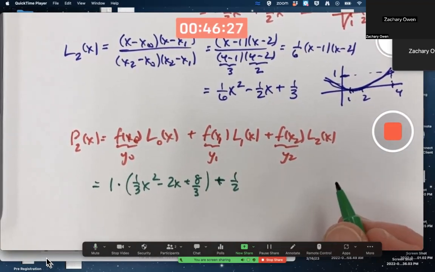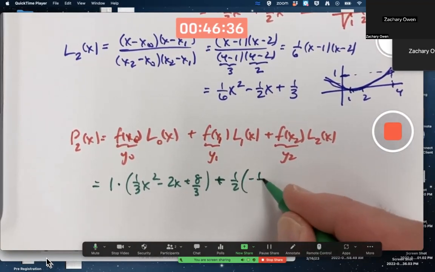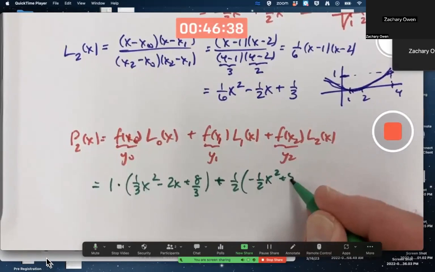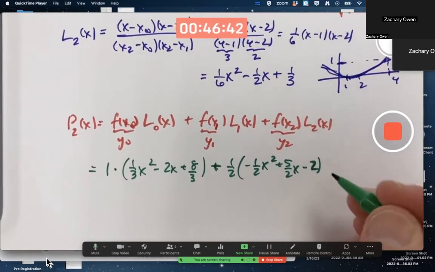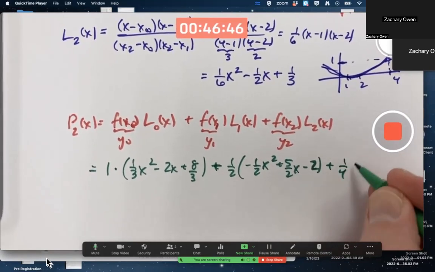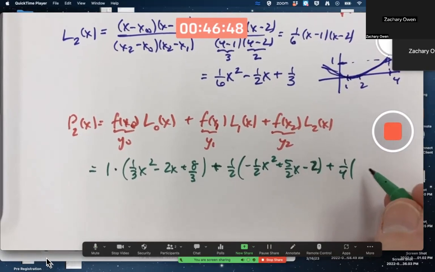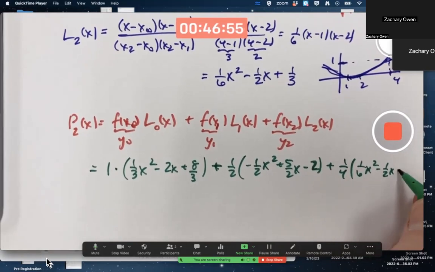The function was 1 over x, and this x1 was 2. So we got 1/2 there. This gets multiplied by (negative 1/2 x squared plus 5/2 x minus 2). And then f of x2 was f of 4, which was 1/4, times (1/6 x squared minus 1/2 x plus 1/3).